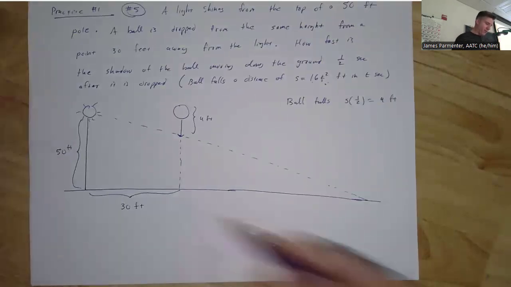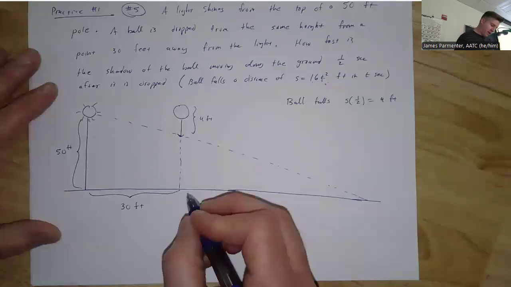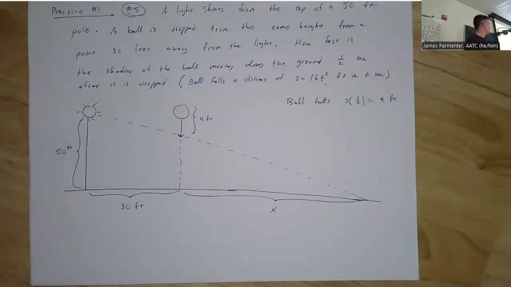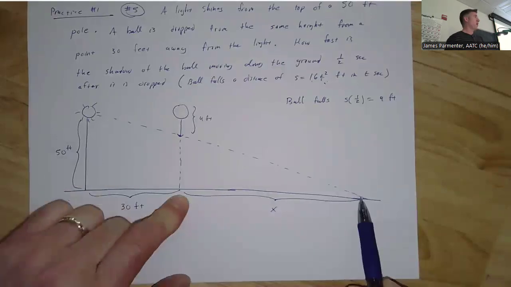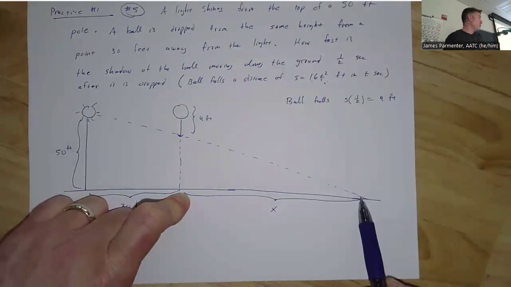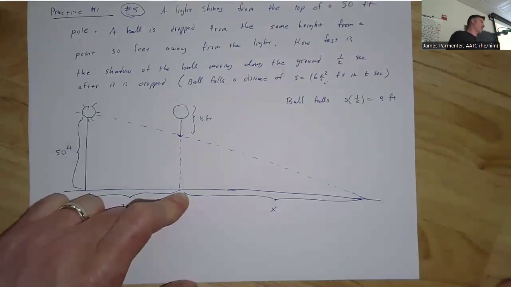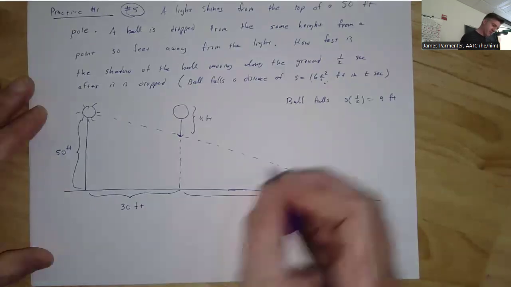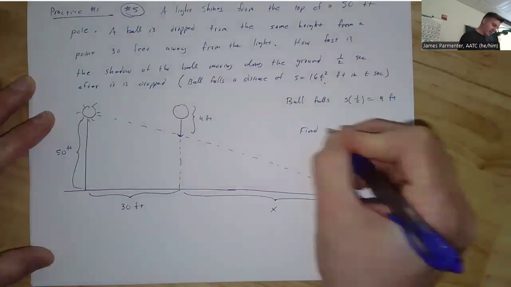I'm going to call this length here x. It's not really the length of the shadow actually, but it is how long the shadow is from here to here. So however much x changes by is however fast the shadow will be moving, or I should say the tip of the shadow, really. So our job here is really to find dx/dt.